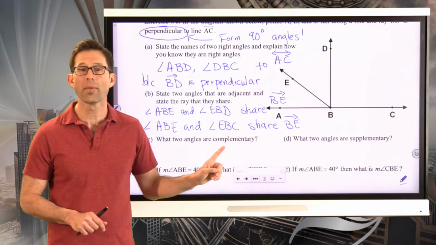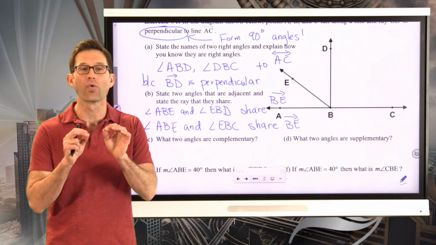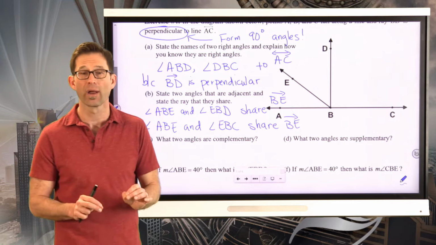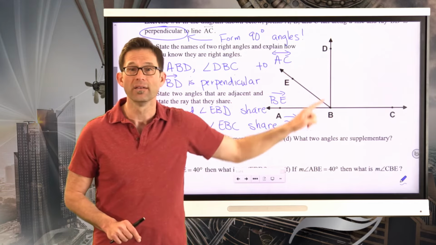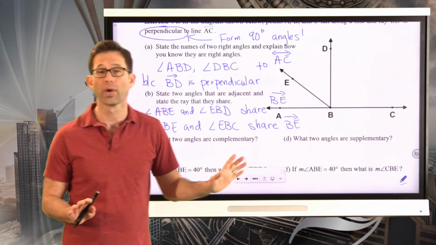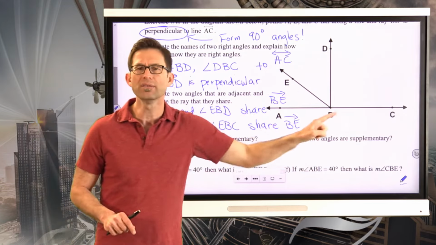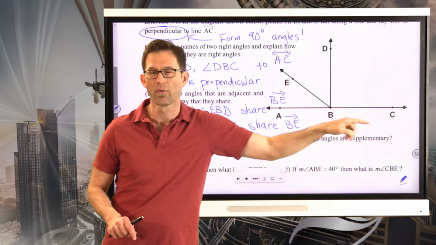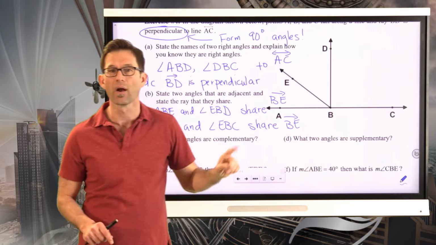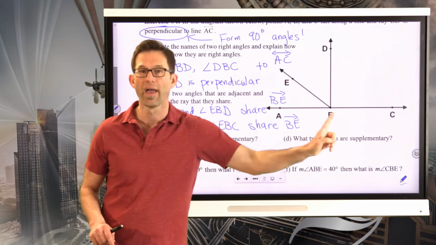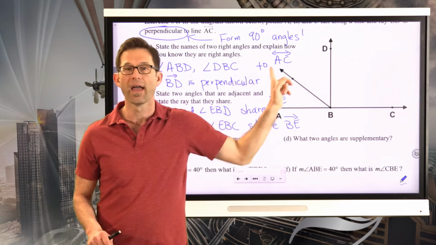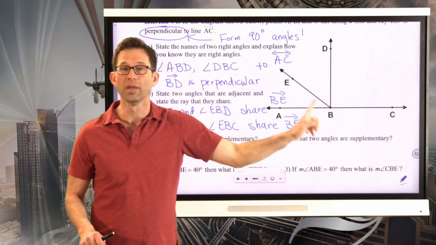Well, again, complementary angles add up to be a right angle, add up to be a 90-degree angle. And we have two 90-degree angles, right? ABD and DBC. Those are both 90-degree angles. But the DBC is just a single angle, right? There's no other angles in there. This angle, though, ABD, can be broken up into angle ABE and angle EBD or DBE, right?